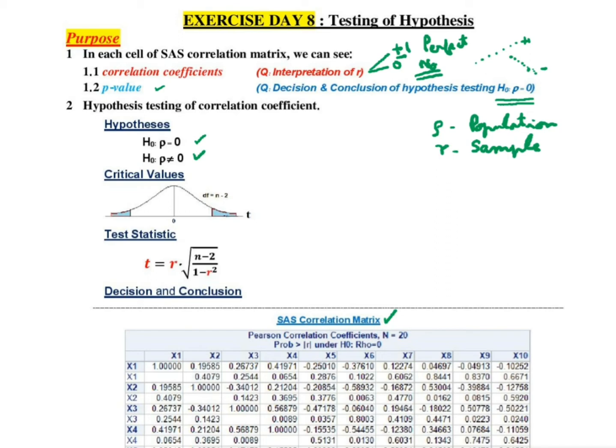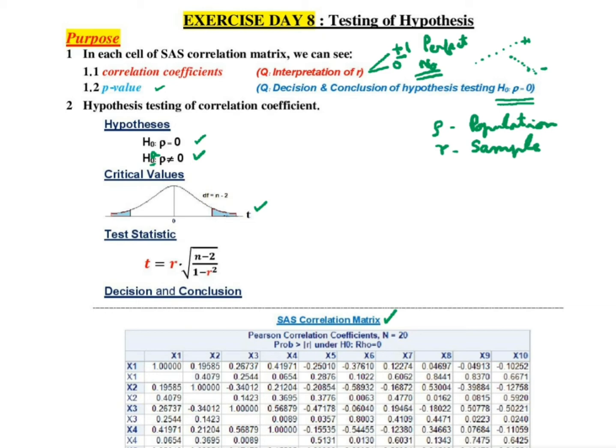So H0, HA are written like this. This is not H0, HA, alternative hypothesis. Okay, this test uses T-table, T statistic. And this test is a two-tail test. Rho may be on the left of 0, rho may be on the right of 0.